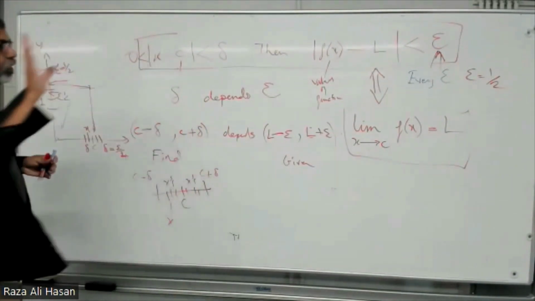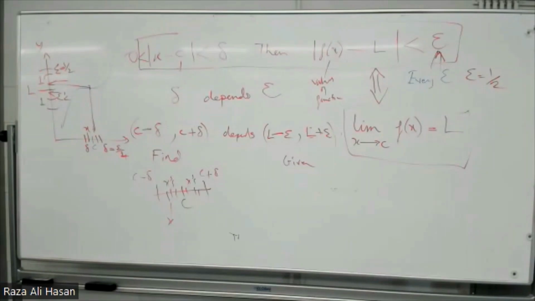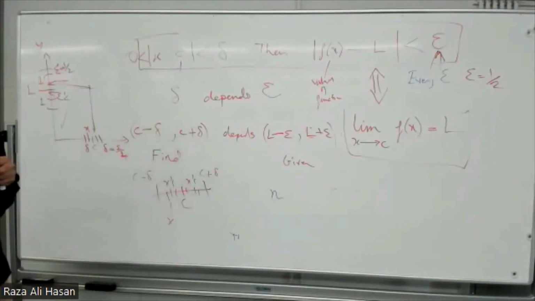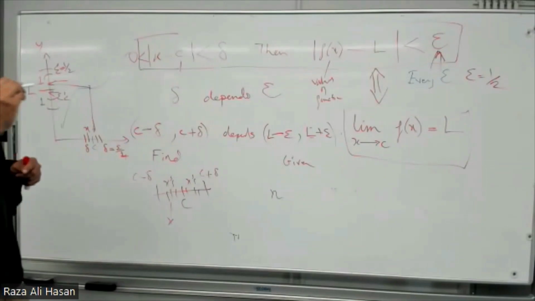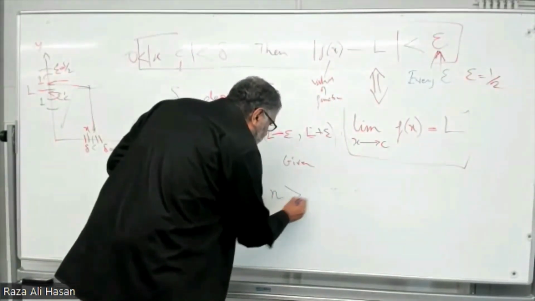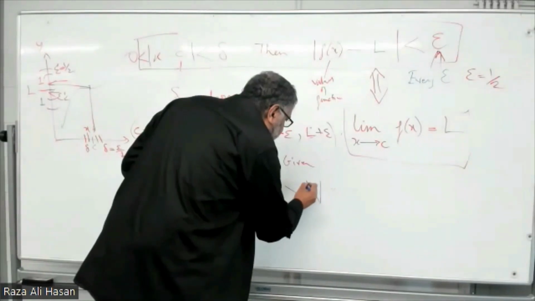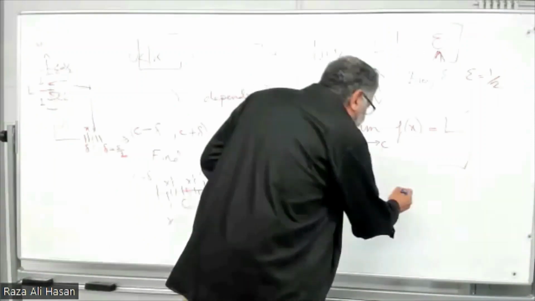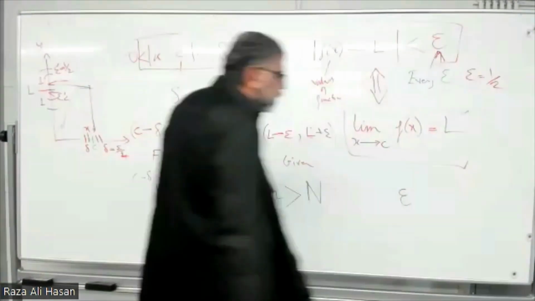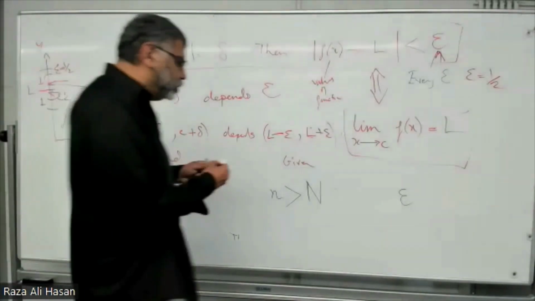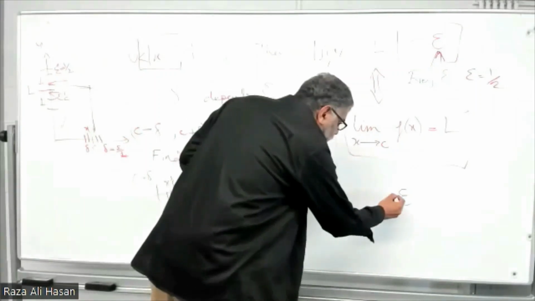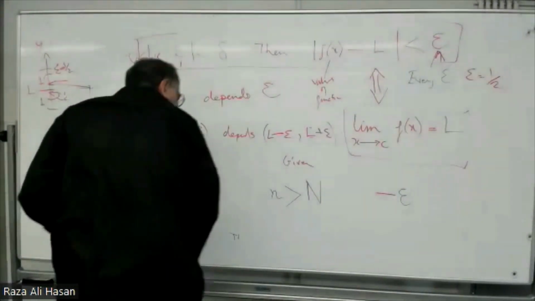Now, before I erase this, in sequences, all we have to do is make n large enough. In other words, find the uppercase N large enough so that it hits the a, so that the terms cluster around a. Let me do this better here.